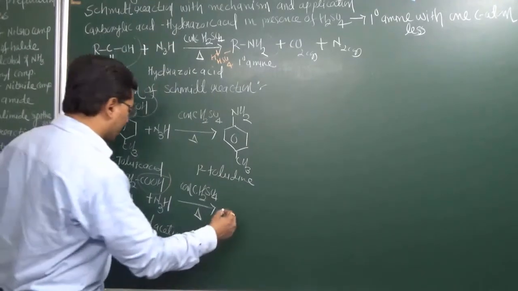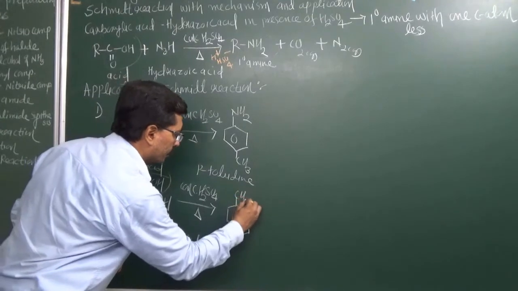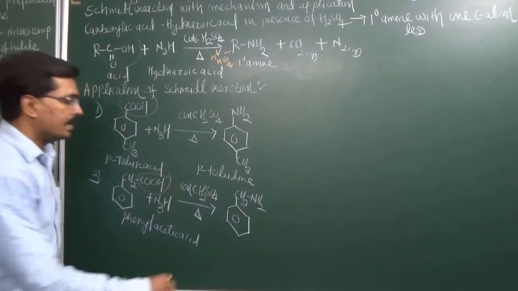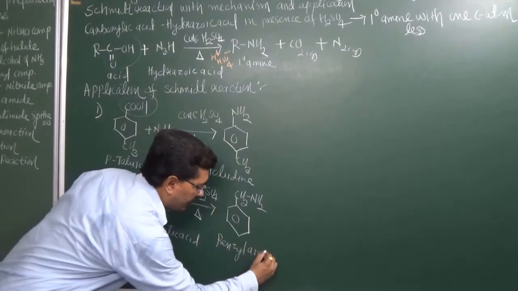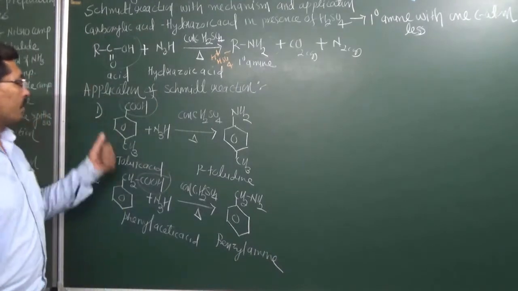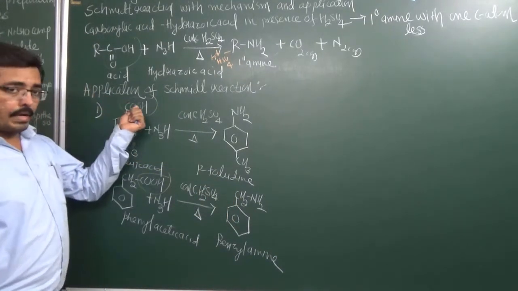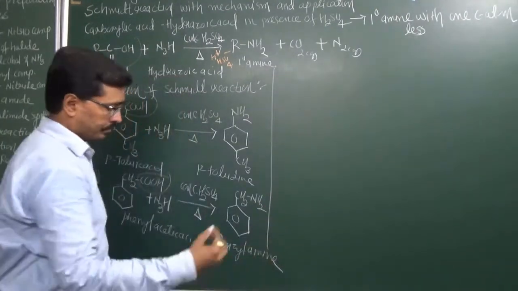So the product of this reaction will be C6H5CH2NH2, and this structure is known as benzylamine. By using this simple way, we can convert a carboxyl group into an NH2 group, and the primary amine obtained has 1 carbon atom less as compared to the carboxylic acid.